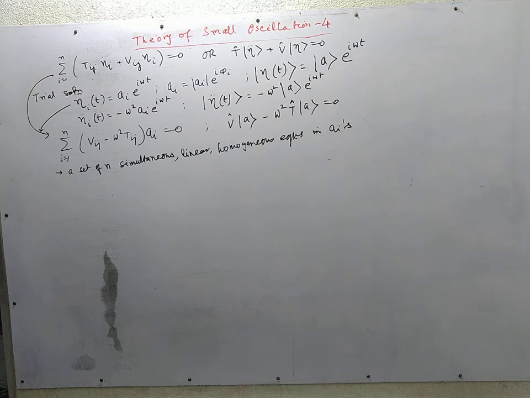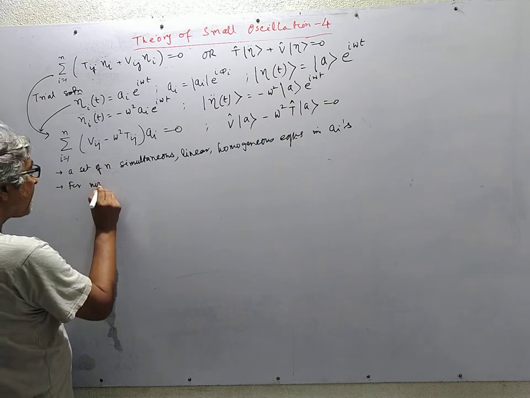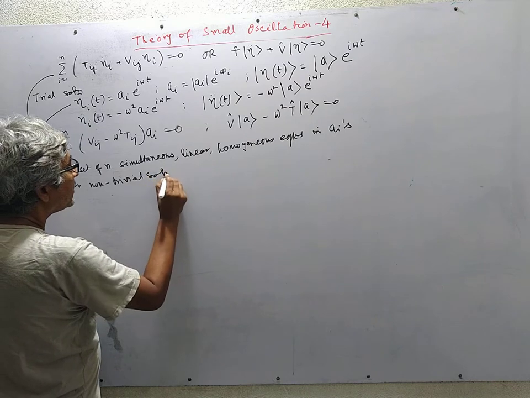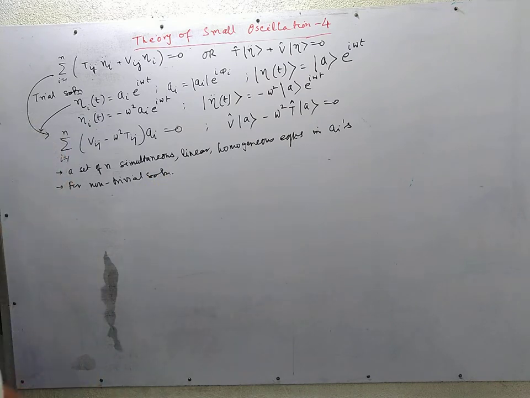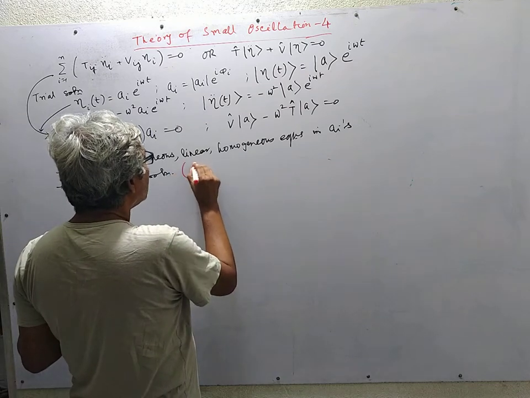So for a non-trivial solution, let me define a trivial solution as one for which a_i is 0, all a_i is 0.